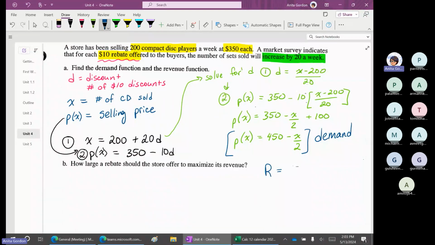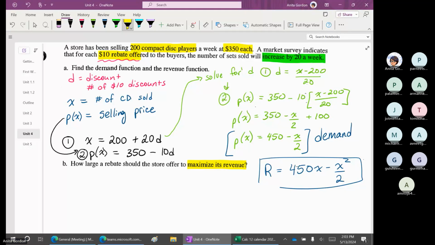What's the last thing I have to do? Times everything by x. So my revenue function is 450x minus x squared over 2. In part B, how large should the rebate be in order to maximize revenue? So here I'm looking for the critical point of the revenue function. So what do I need to do? R prime equals 0 is what we're going for.